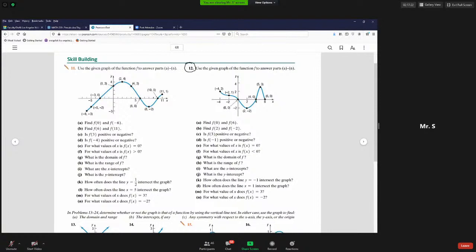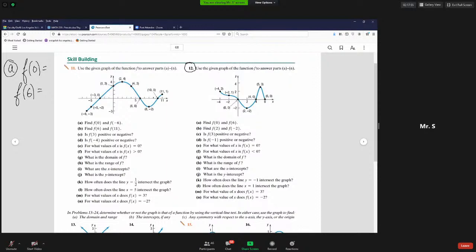So for part A, it says find f of 0 and find f of 6. We do not have the algebraic version of the function. We just have the graph, so that's all we're going from. But remember, if you have an ordered pair, then you can use that to figure out function notation.